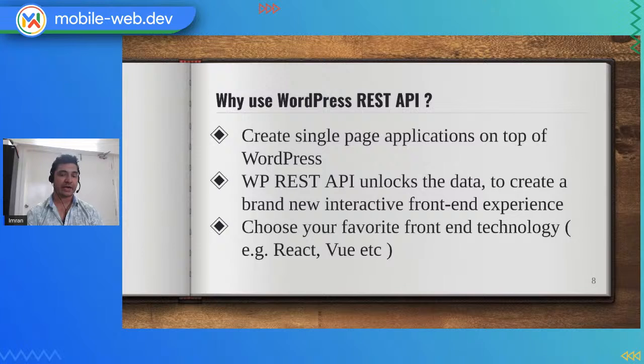You could use React or Vue or any other front-end technology. And the best part is that you can keep your data in one place, which is WordPress, but you can then build multiple applications with different layouts, themes and designs. You can even have a mobile application which fetches data from WordPress, and you can manage all of that content in WordPress itself.